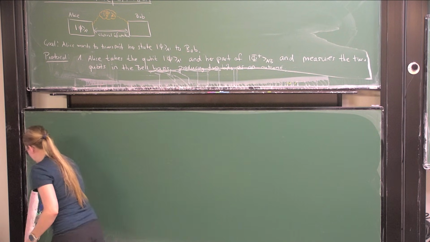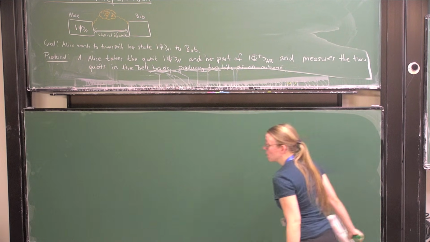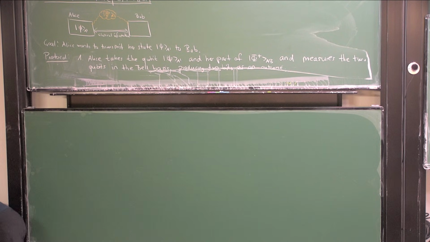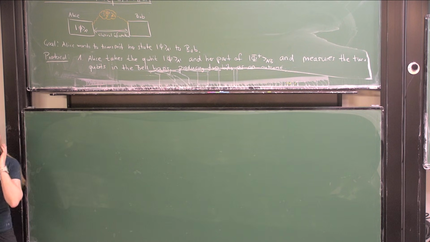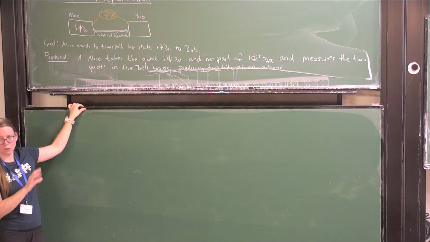For example, the first qubit that she has lives in the Hilbert space HA, and the second one lives in HA tensor HB, where she only has. Yeah, but physically this would be 2 quantum systems, and she can just take one of them. So she can just act on one part of the joint Hilbert space. I see. So in this case, she's viewing it as the Bell basis would be a basis for HA tensor HA. Yes, like HA prime tensor HA. This is where the Bell basis would be constructed. Yes.